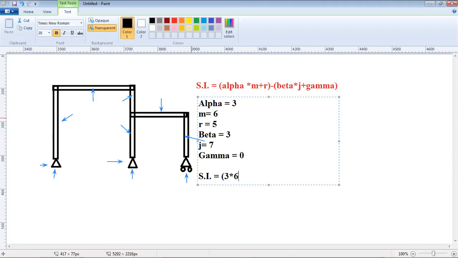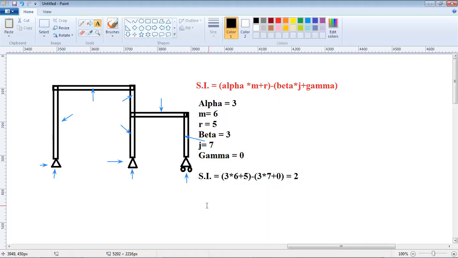Members are 6. Reactions are 5. Beta is 3. J value is 7. Gamma is 0. So overall it becomes 23 minus 21. It's 2. So the static indeterminacy here is 2.